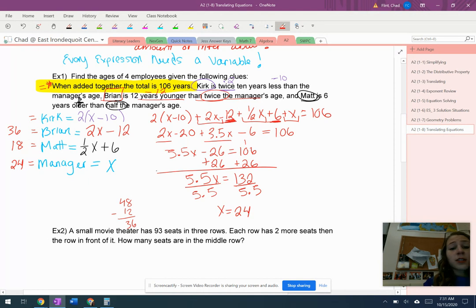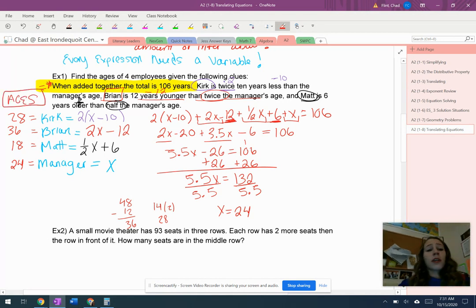And last but not least, Kirk is 24 minus 10, which is 14, times 2 is 28. So these are your ages. Again, just making sure that you answered that question, because had I just found X, I wouldn't have the complete picture there.